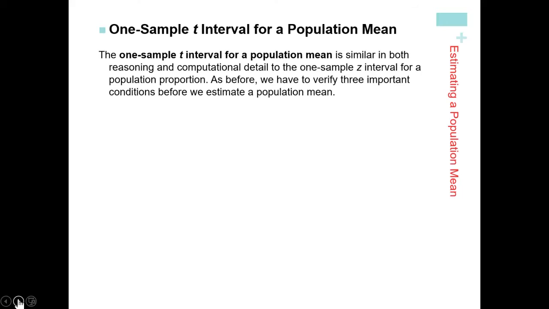That's what this test is called. And step 2, we're going to give our conditions. And then step 3, we're going to do our calculations. Step 4, we're going to interpret the interval. And it's going to be the exact same interpretation as we did in the last section.